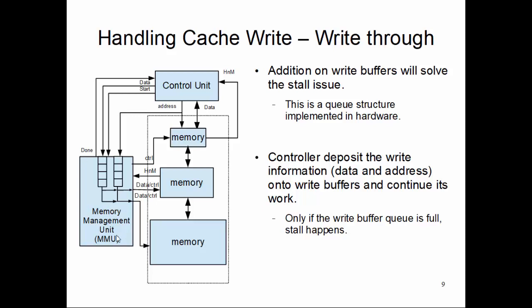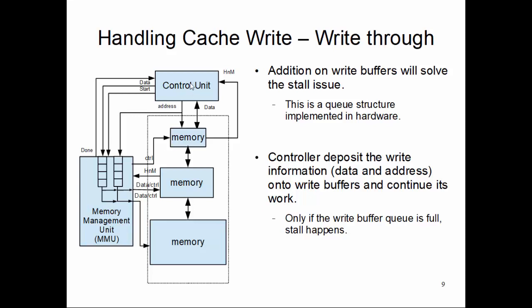So the memory management unit, if it sees that this buffer or queue has some data, will write that data into the lower level of the memory. At this point, you possibly can ask, what happens if the queue is full? Then it will go back to the stall.